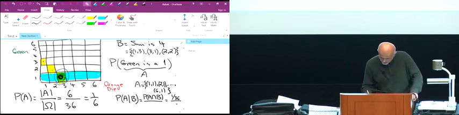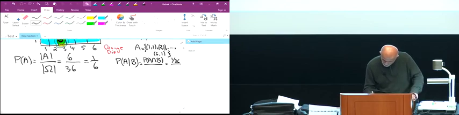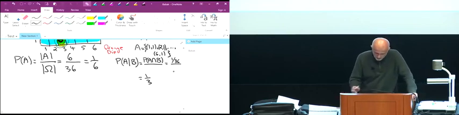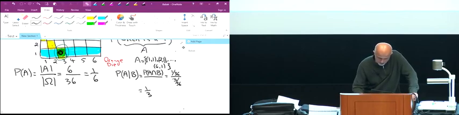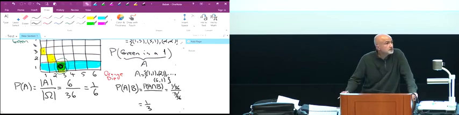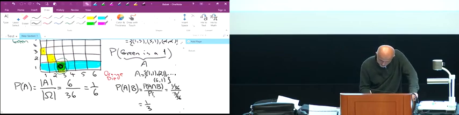My final answer had better be 1/3. So what goes in the denominator to make that happen? 3/36. What is 3/36 when you look at this diagram? Probability of B. Beautiful.